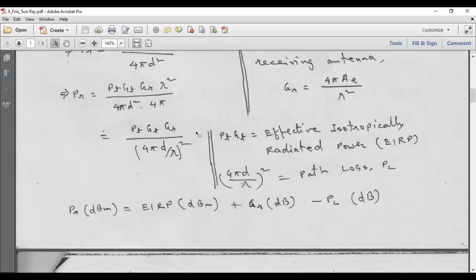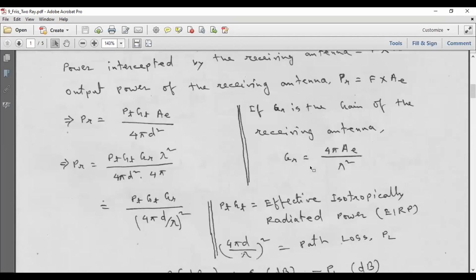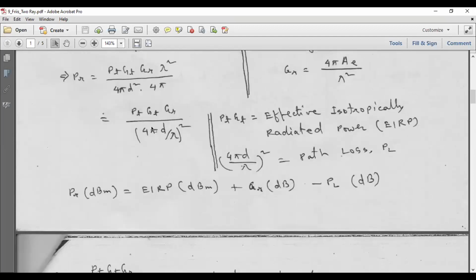With the whole thing in logarithm, you know that if your argument has multiplication, then you can show the log terms as summation, and for the denominator it will be subtraction. So here this PT GT, which we are calling EIRP, you can separate, and the rest you can show, but they all are actually in dB form.